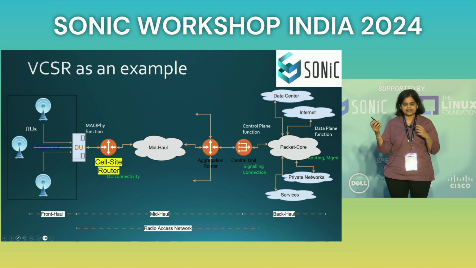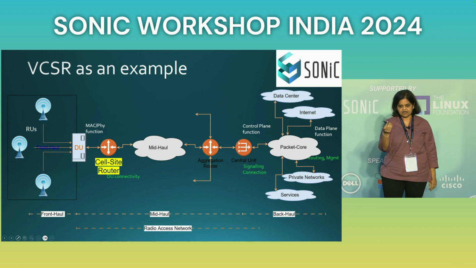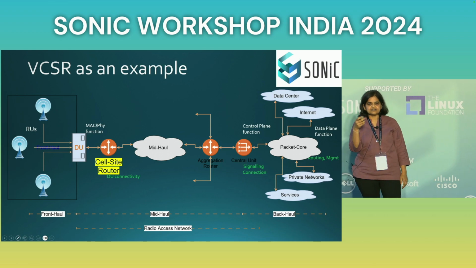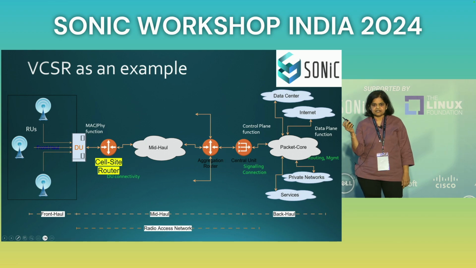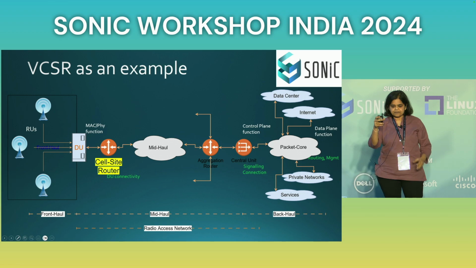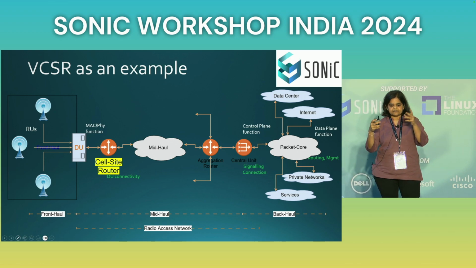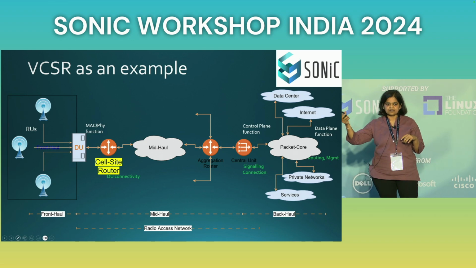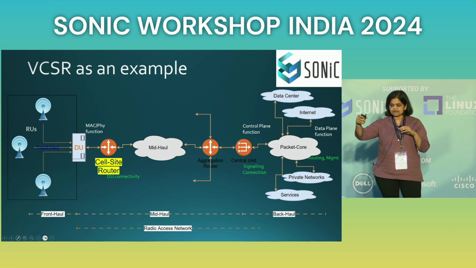the radio traffic will go to an RU, that is a radio unit, and that passes the traffic to a distributed unit, and the distributed unit handles all the MAC and the physical layer functions, and next comes the cell site router. The cell site router's primary function is to provide connectivity to all these DUs, and it will route the traffic through the midhaul to a control plane centralized unit, which actually handles the control plane function, mainly signaling and connection.